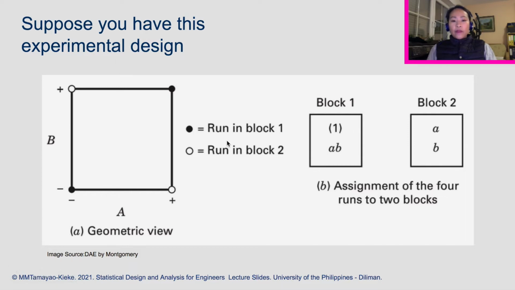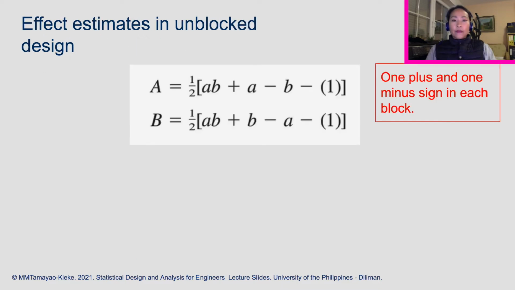The solid dots represent the treatment combinations that would be run in block 1, and the hollow dots are run in block 2. This could be an example assignment of the 4 runs to the 2 blocks. Say, for example, in block 1, we have 1 and AB, and in block 2, we have A and B. We will talk more about construction of blocks later on, but before that, let's talk about the effect estimates.